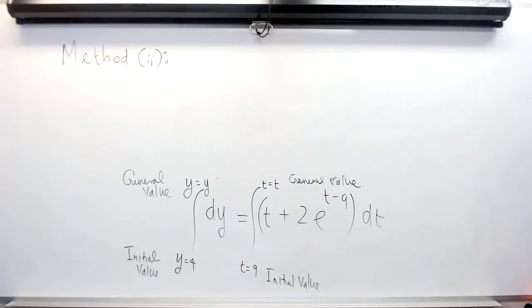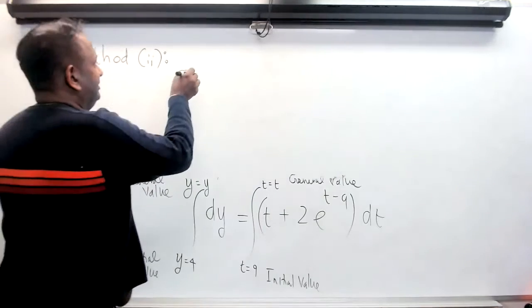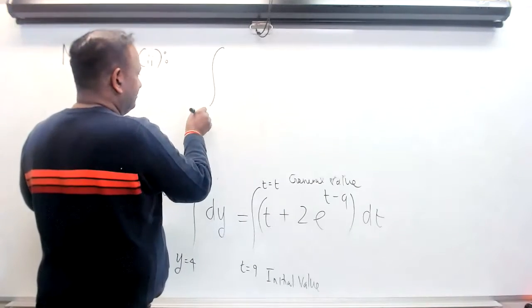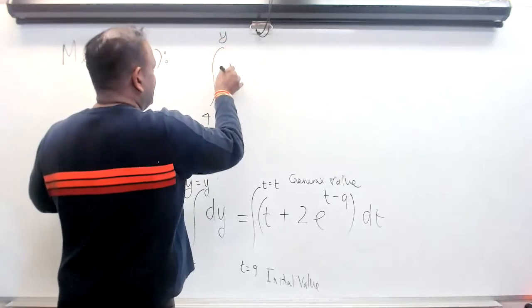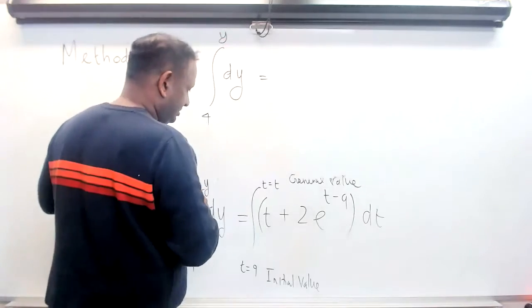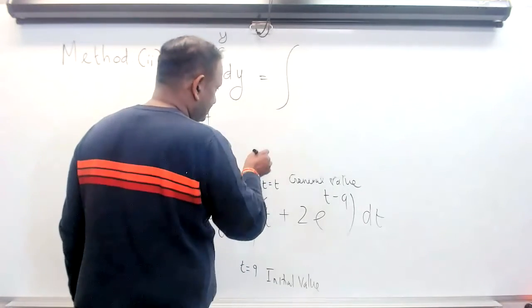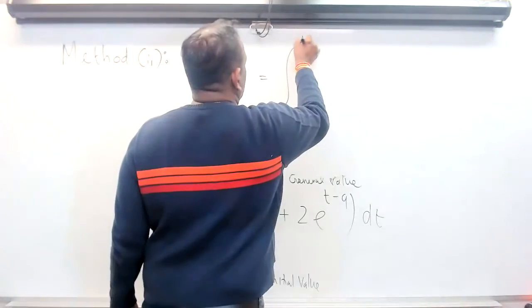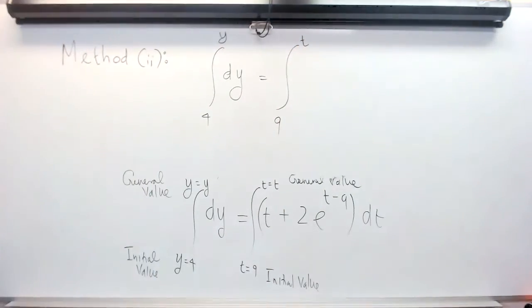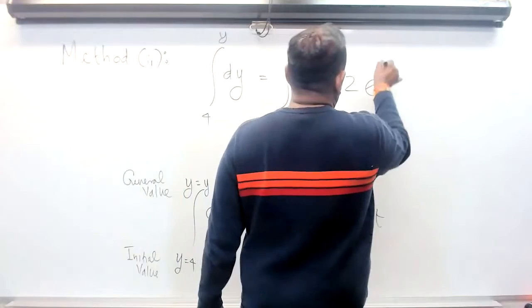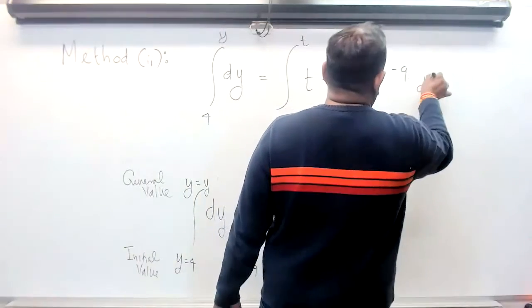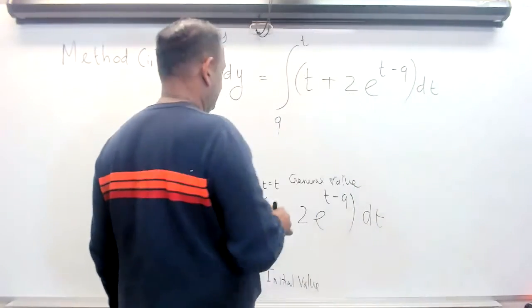General value. Okay. That means, in another way, this means the integral from 4 to y of dy equals the integral from 9 to t of (t + 2e^(t-9)) dt. See, that's what I meant.